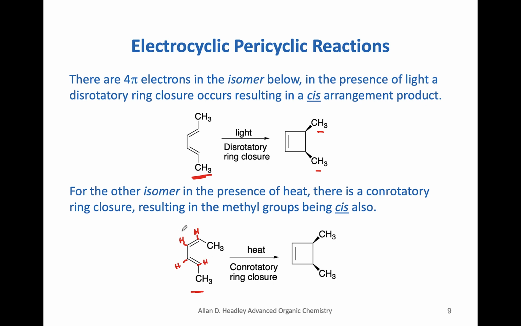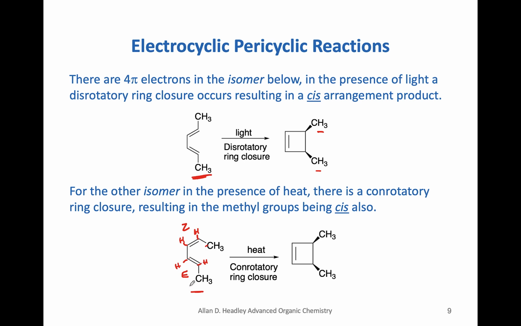Okay, let's refresh your memory here. This is the Z double bond, and this is the E double bond. Remember, Z means the groups of highest priority are on the same side, which means this and this are on the same side of the double bond, and E means that they're on opposite sides of the double bond.